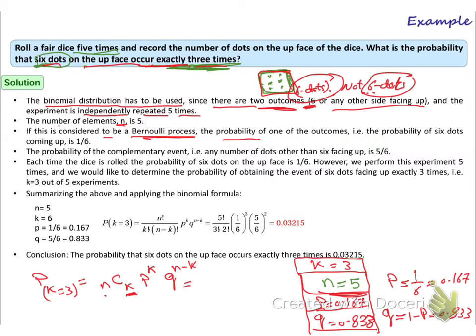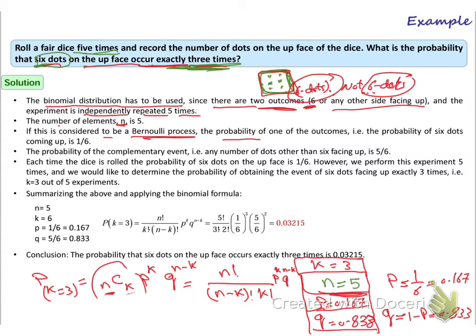Then let us substitute. It will be N factorial divided by N minus K factorial, K factorial, this is NCK, times P to the power K, Q to the power N minus K. So I just substitute in this.